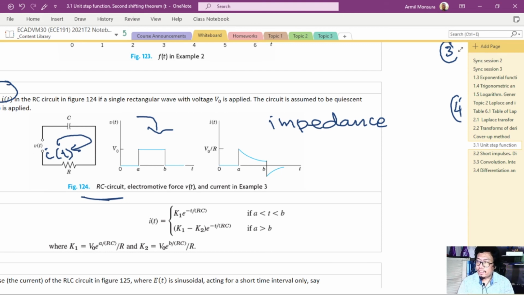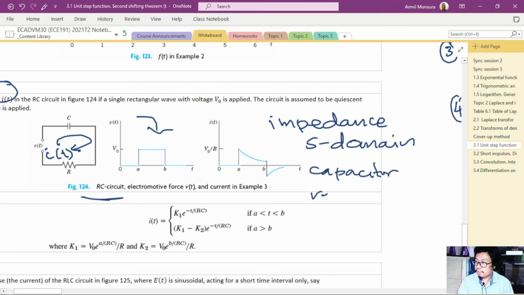In Laplace transform, or in S domain, these components, the capacitor and the resistor, and later on the inductor, have impedances in S domain. Without proving at this point, let's write them as follows.